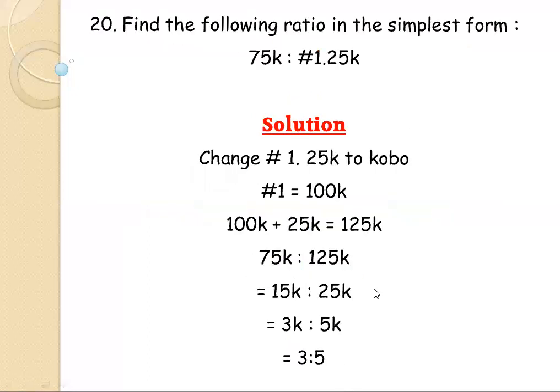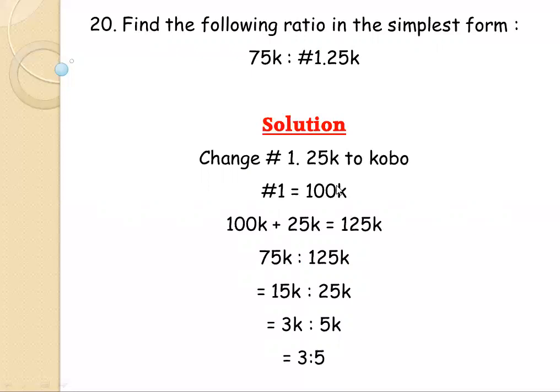Okay, number 20 says find the following ratio in the simplest form. What it simply means is for you to reduce it to the lowest term. But if you look at this, this is in kobo, and this is in naira and kobo, so I have to ensure that both have the same unit before I start reducing. So I'm going to change 1 naira 25 kobo to kobo.